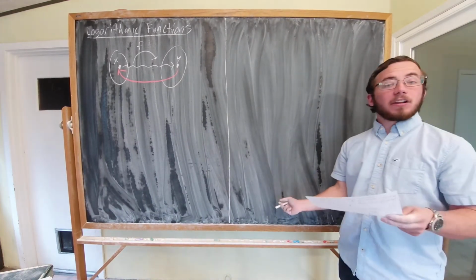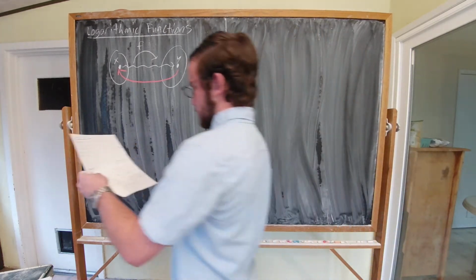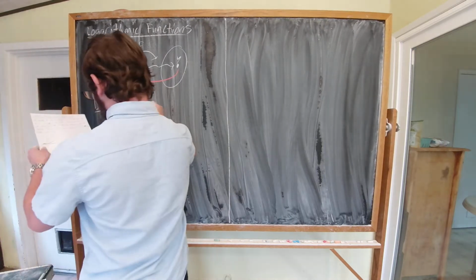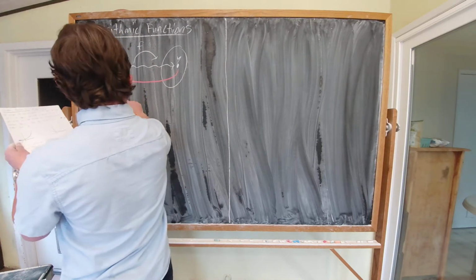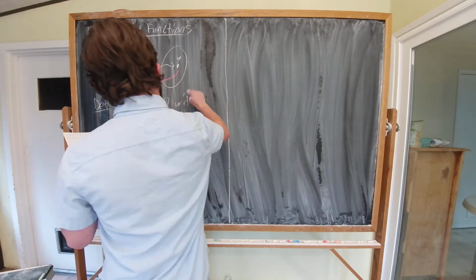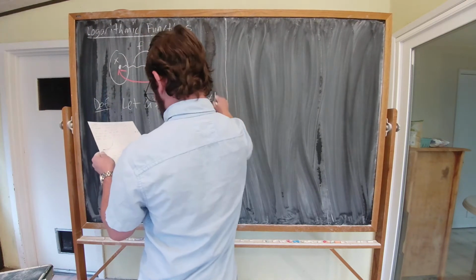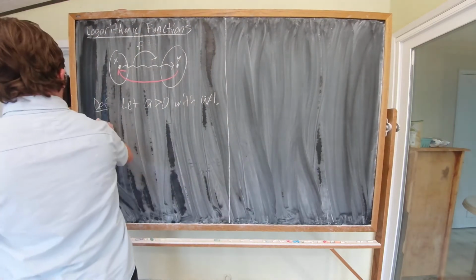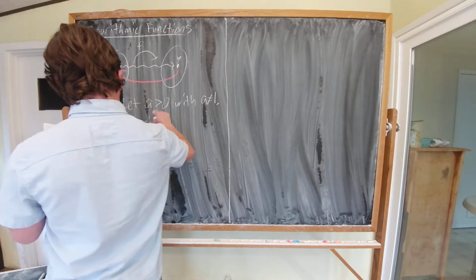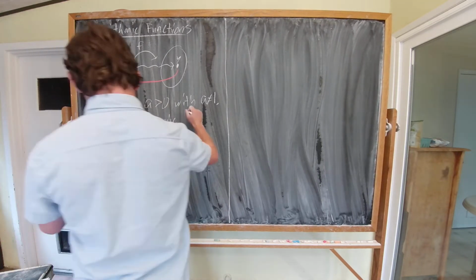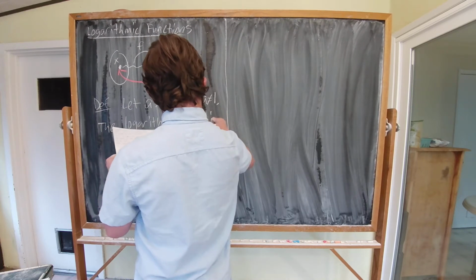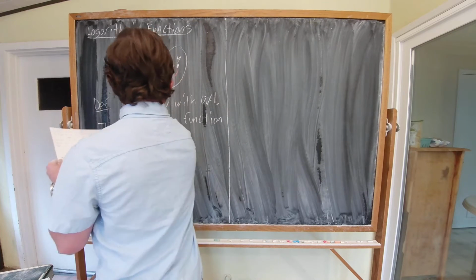And we're going to define a logarithm accordingly. So, here's our definition. Let a be greater than 0 with a not equal to 1. The logarithmic function with base a.